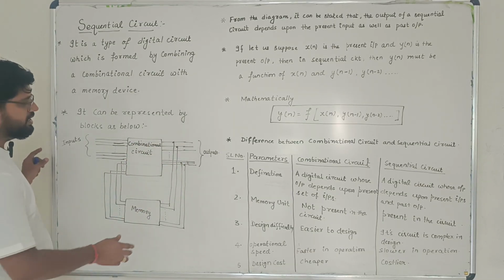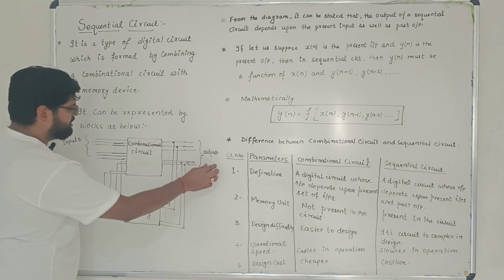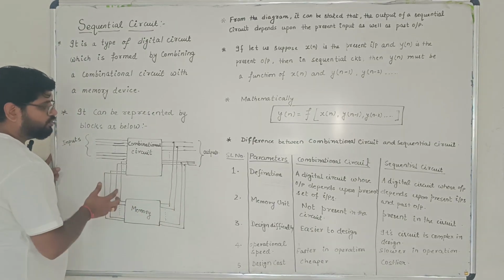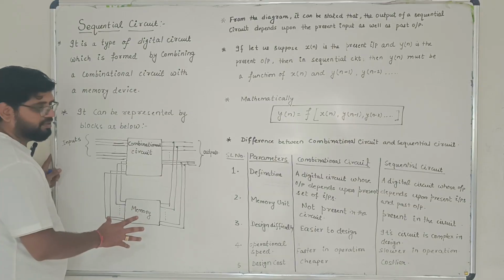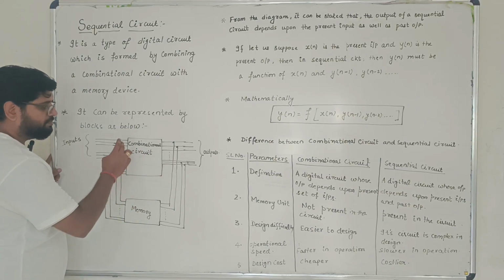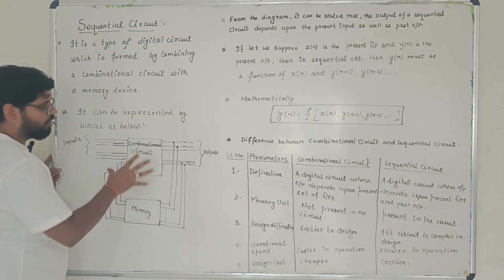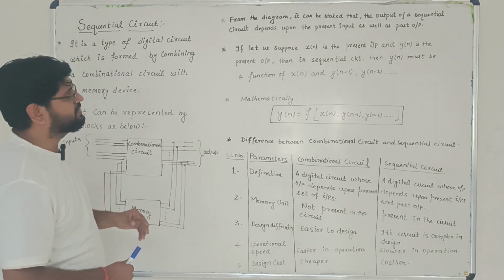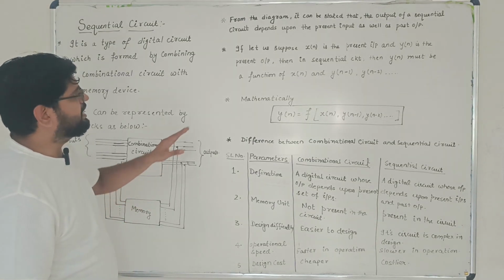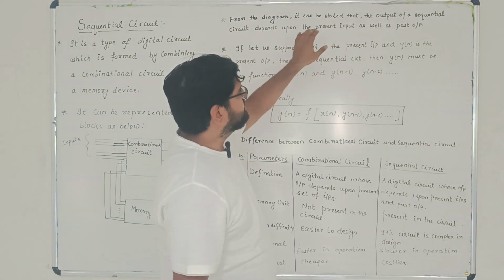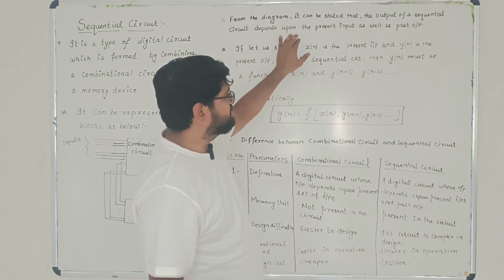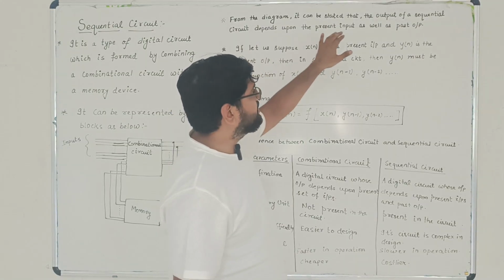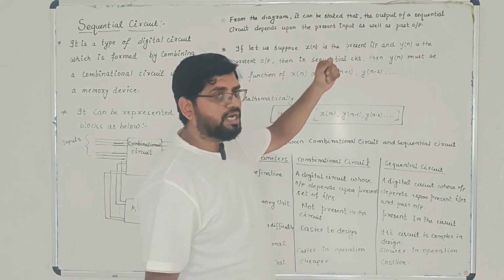That means the output is dependent on the present input as well as the output which is stored inside the memory. Using this block diagram, we can define a sequential circuit as a type of digital electronic circuit in which the output is dependent on the present set of inputs as well as past output.